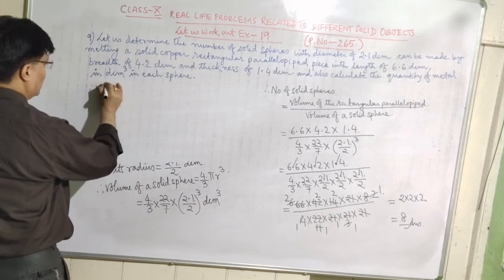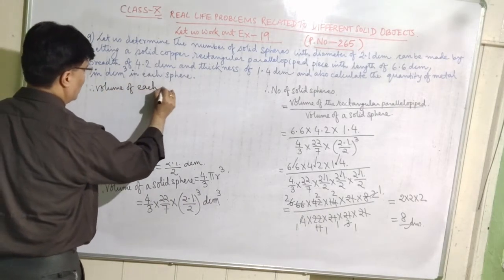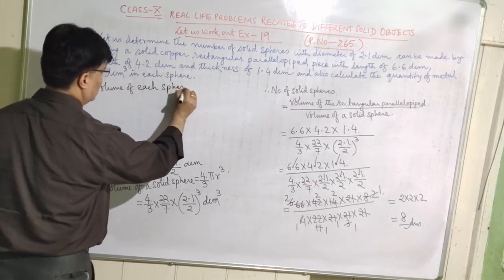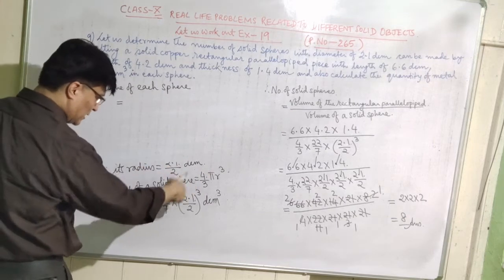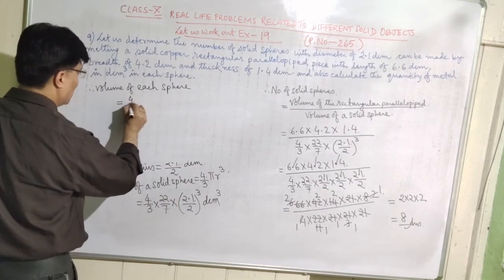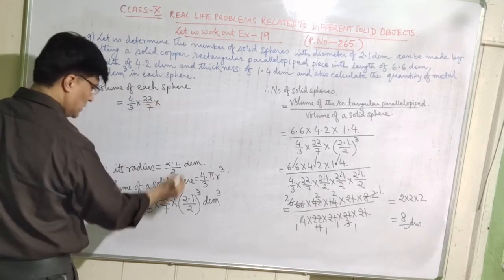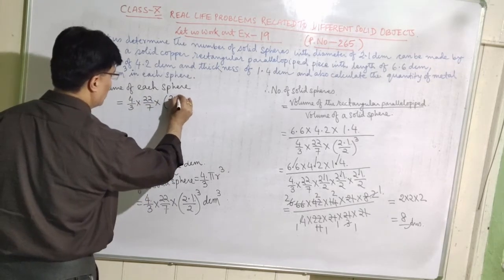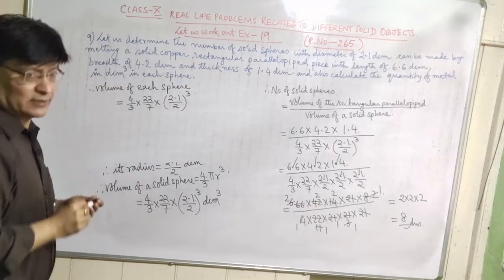So therefore, volume of each sphere is equal to, we have already calculated it actually, 4/3 pi r cube. This is the one. 4 upon 3 into 22 by 7 into (2.1 by 2) whole cube. So let us simplify it.